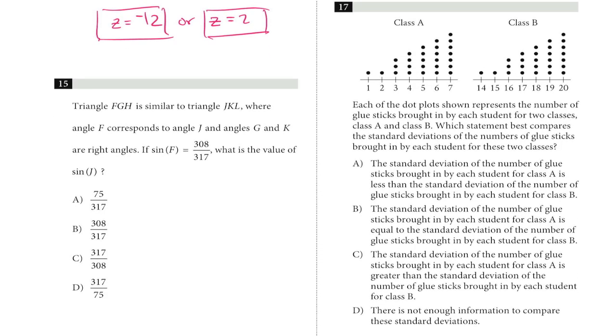All right, 15. Triangle FGH is similar to triangle JKL, where angle F corresponds to angle J, and angles G and K are right angles. If sine of F is 308 over 317, what is the sine of J? So what it means to say that triangles are similar is that they have the same angles.